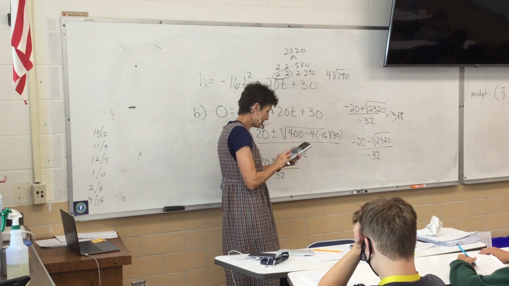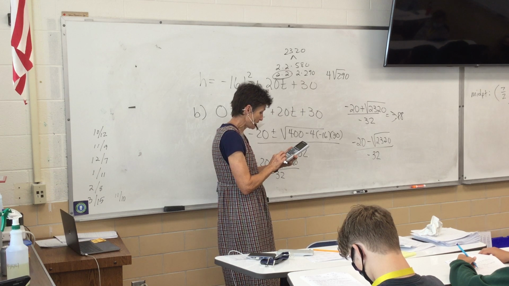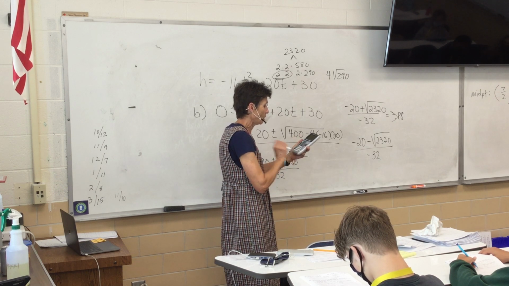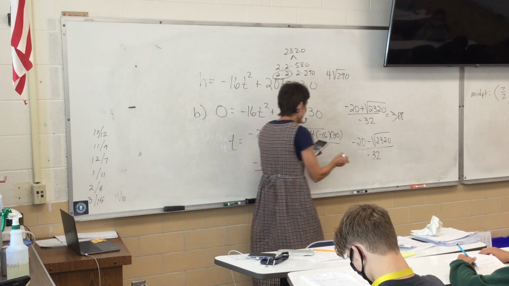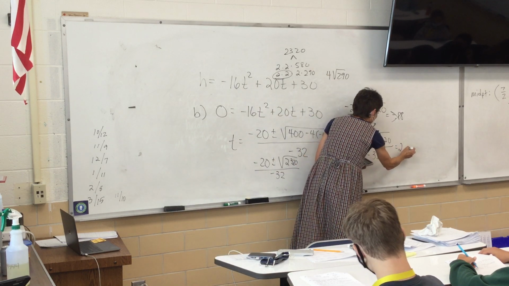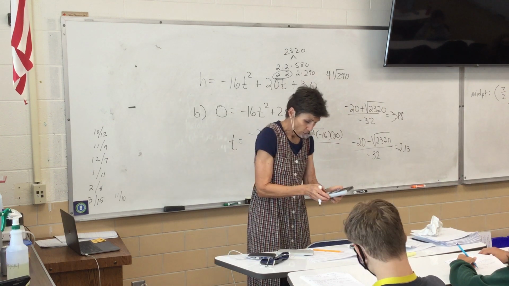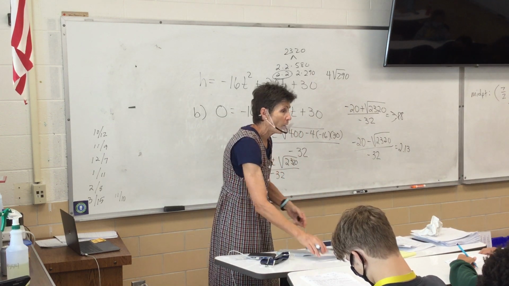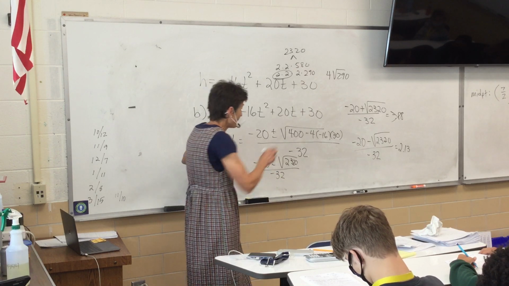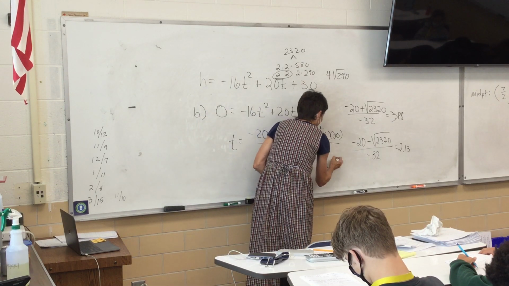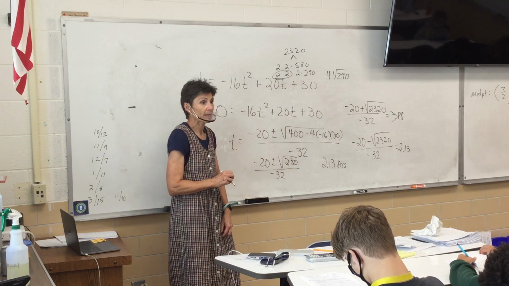All right, negative 20 minus the square root of 2320 equals, divided by negative 32. I got 2.13 on that one. Yep. So the question is, when does the ball hit the ground? And the answer is 2.13 seconds, after 2.13 seconds.